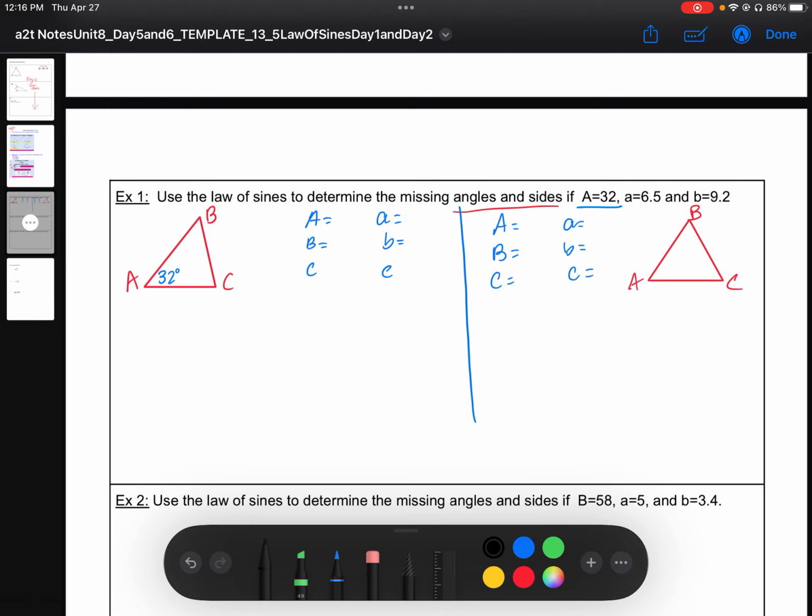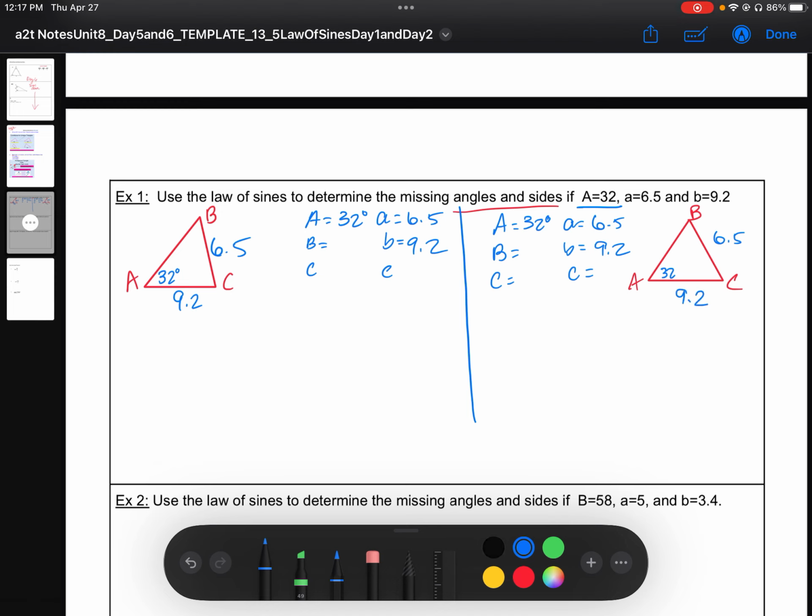So I know automatically that angle A is 32. That should be true for both. Side A is 6.5. That should be true for both. And side B is 9.2. All right, I've got that much information.